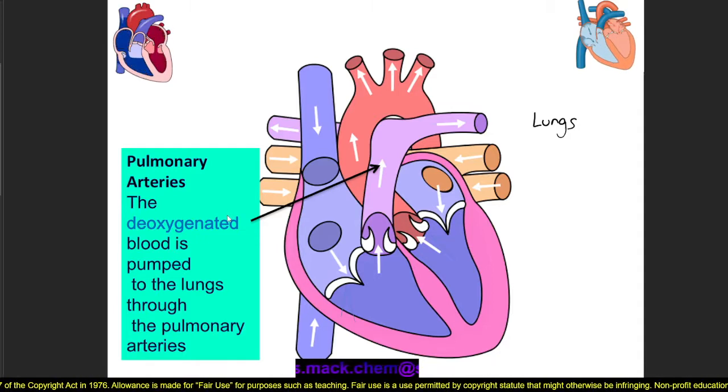We say that this deoxygenated blood is pumped when the right ventricle squeezes, so it's squeezing blood out, and the vessels through which this deoxygenated blood leaves the right ventricle and goes to the lungs are called pulmonary arteries. Right, so these are our pulmonary arteries which lead to the lungs.